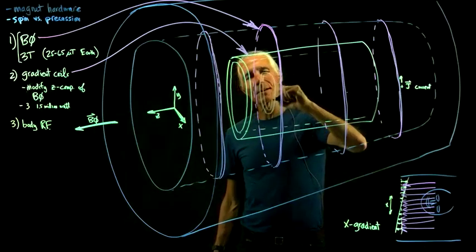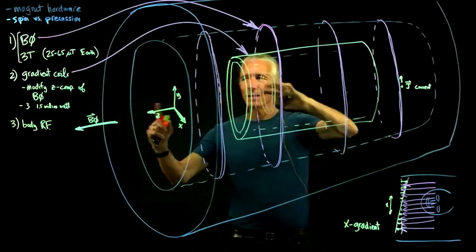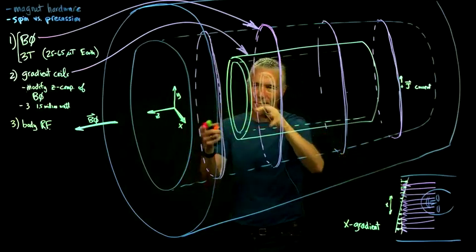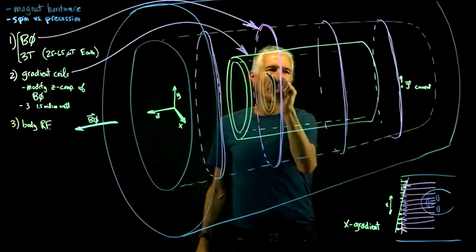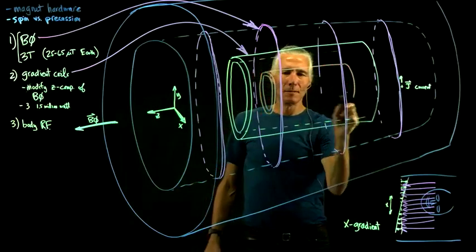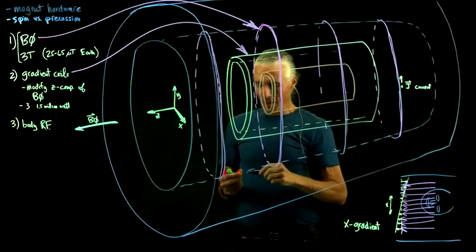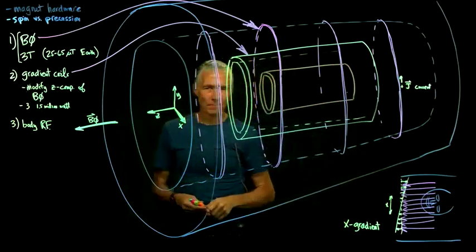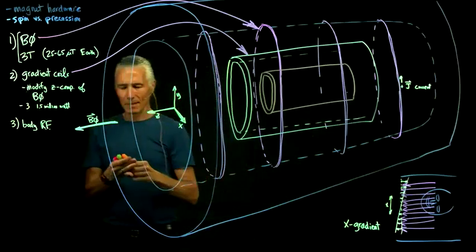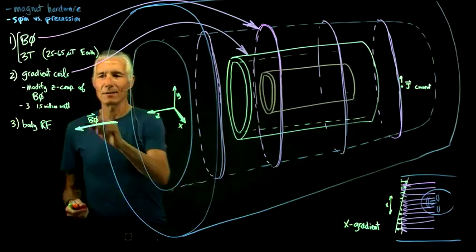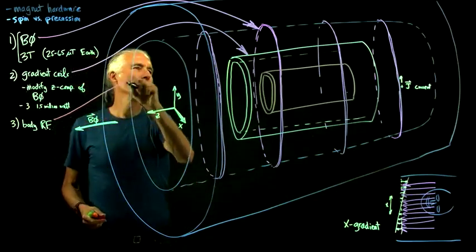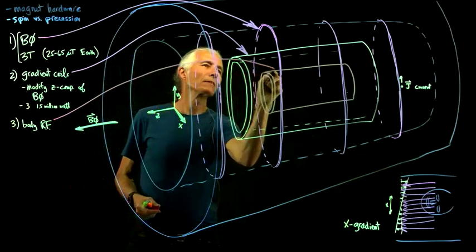If you pull out the tube that you're sitting inside, the RF coil is attached to that. So that's another coil in there. This is the body RF coil, right there.